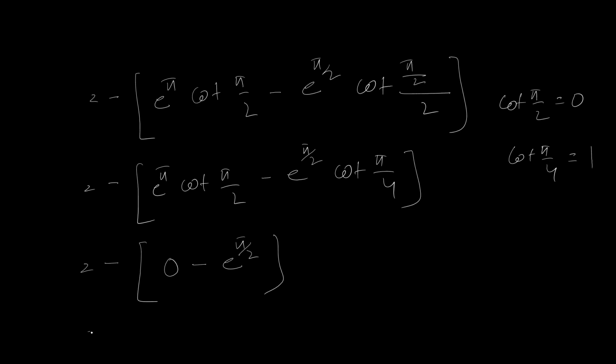So ultimately I will get minus bracket start minus e to the power pi by 2. So ultimately the answer is equal to e to the power pi by 2. This will be the answer.